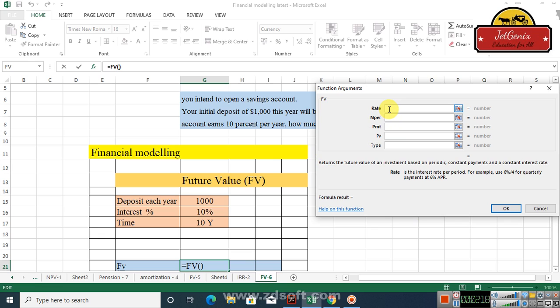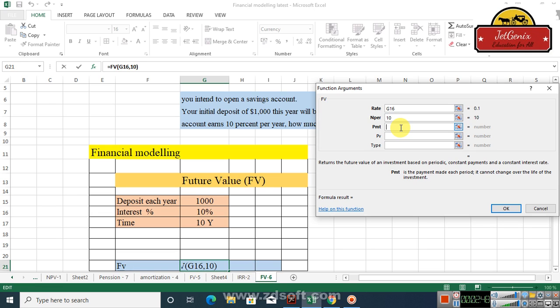So the rate means the interest rate, so you just write it here. Here the number of periods, I can just click here, but here you see 10 is having a y, which may create a problem for us, so I'm going to write it manually, the 10 years, or the 10 periods. And here we have to write the PMT or the installment.